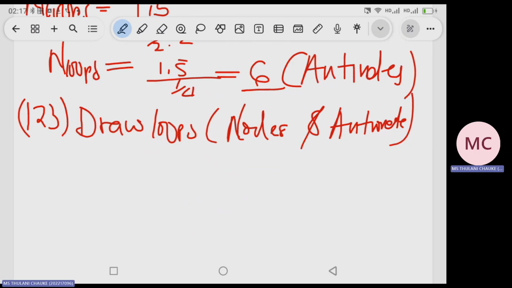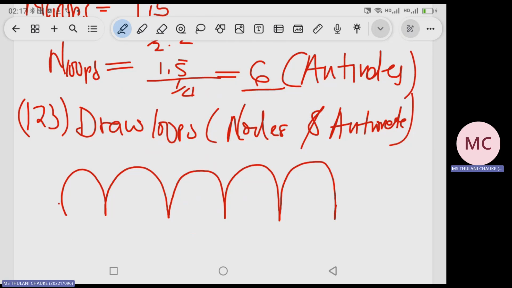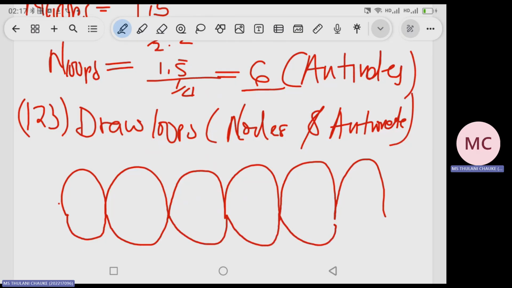It means you're going to have something like 1, 2, 3, 4, 5, 6. Then the next one will just join it. 1, 2, 3, 4, 5, 6. Yeah, I can just do it like that.